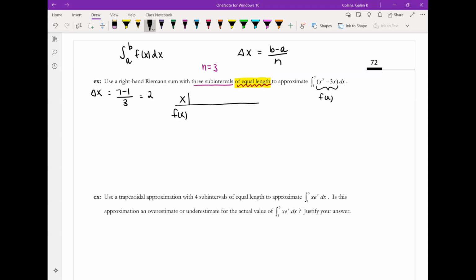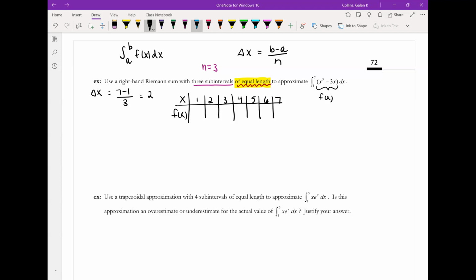Considering from 1 to 7, I'm going to fill in all of the x values from 1 to 7 in my table: 1, 2, 3, and so on. I'm not going to fill in all of the f of x values yet because we won't need them all.